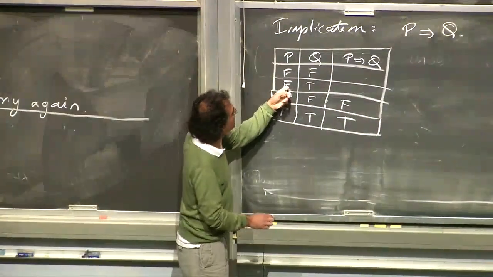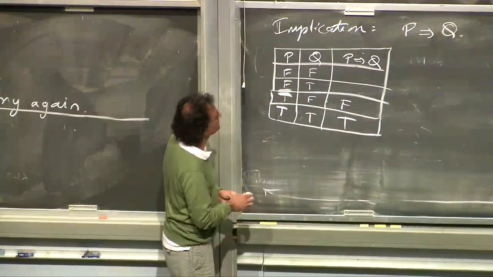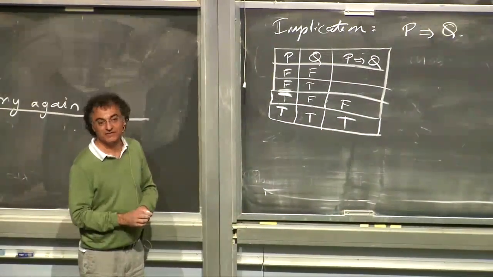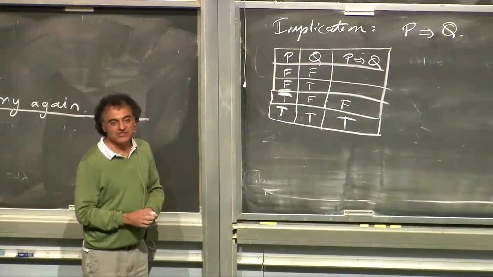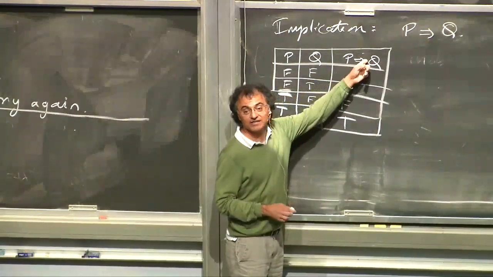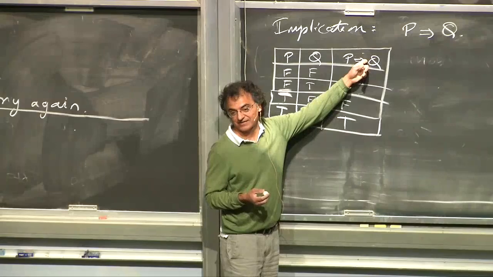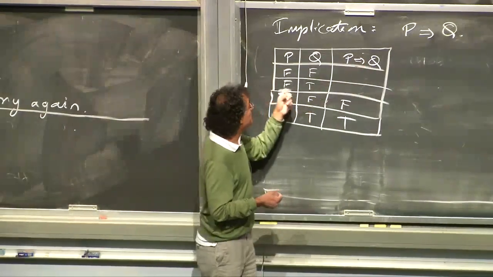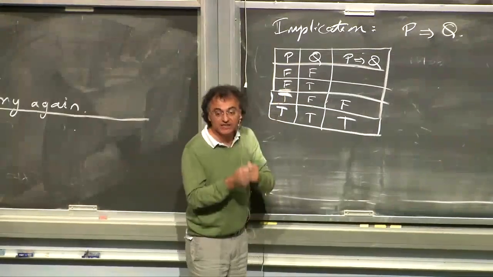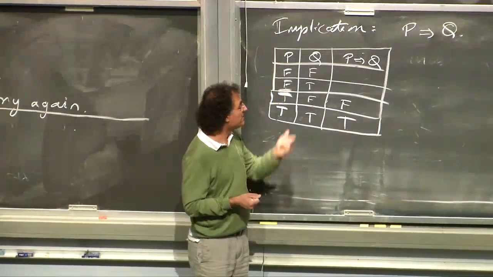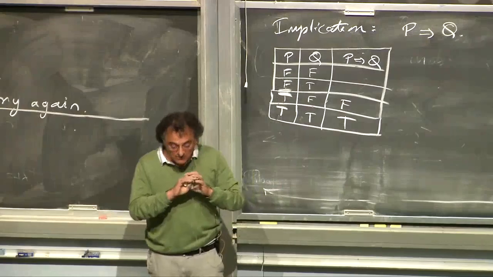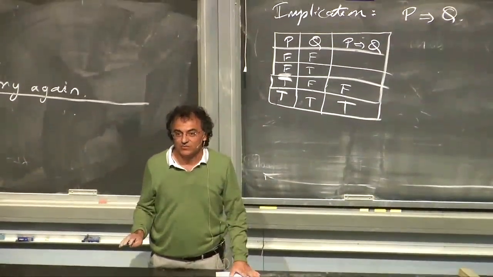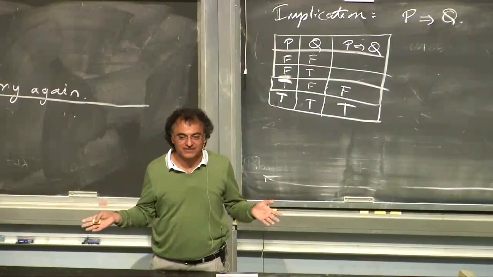Now, what about false, true? Doesn't matter, right? Because here, P implies Q is not telling us anything. All it's saying is, look, whenever P is true, I'm going to guarantee that Q is true. But here P is false, so P implies Q has no obligations to you. What it told you was the truth as it knew it.